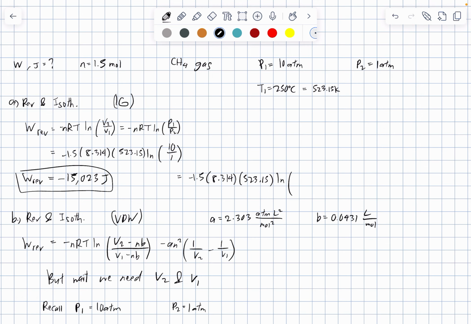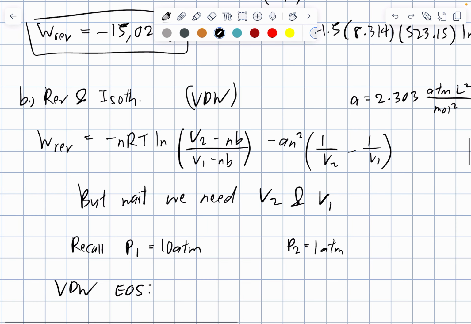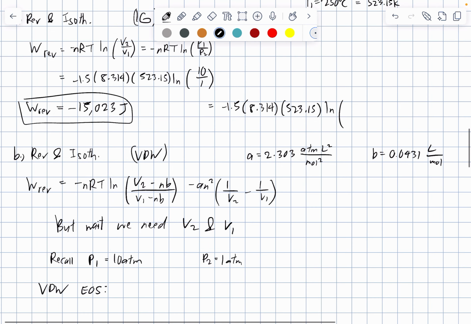We have a temperature value. For the first two conditions, it is isothermal, so we only need this temperature. But if ever we need T1, if ever we need another temperature, I don't think that is possible now, because in this formula, we need volumes 2 and 1. So how do we find them?